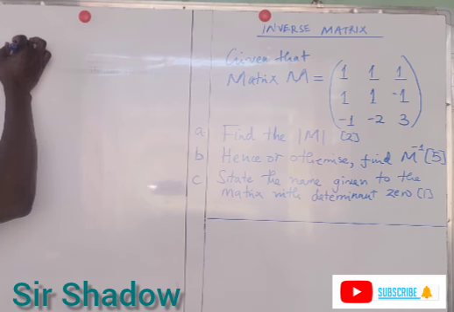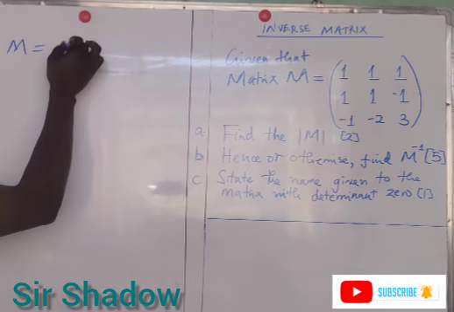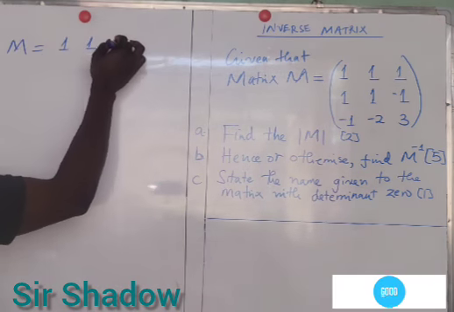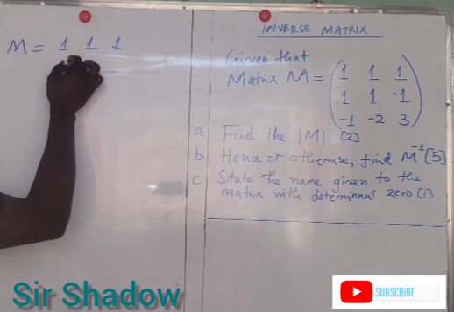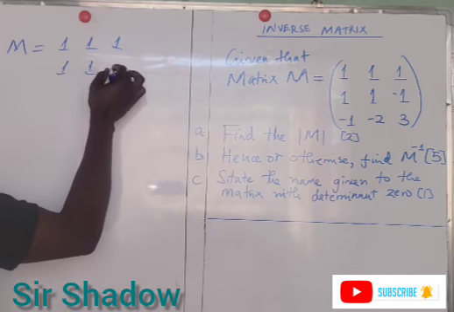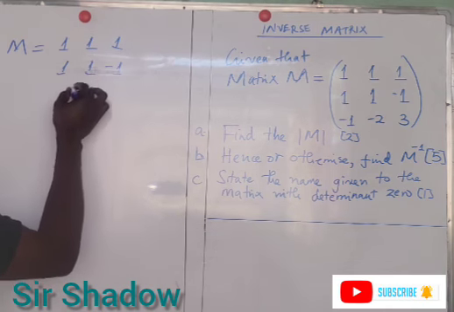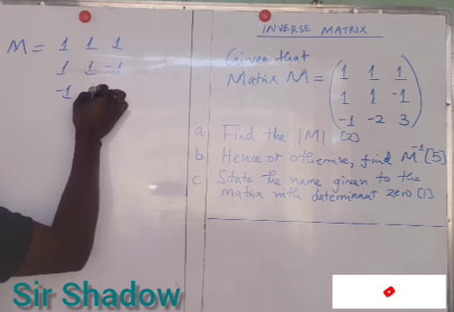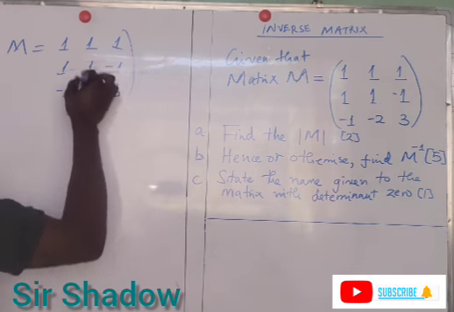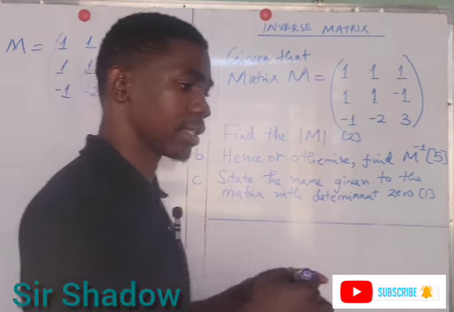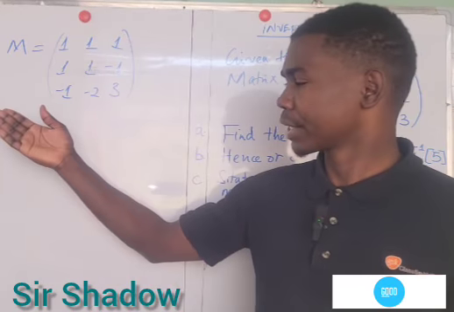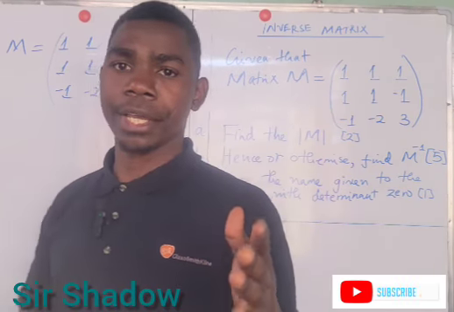Right, we are given M is equal to 1, 1, 1, then 1 again, then 1, negative 1, negative 1, minus 2, 3. Right, this one is our matrix M. We want to find the determinant.